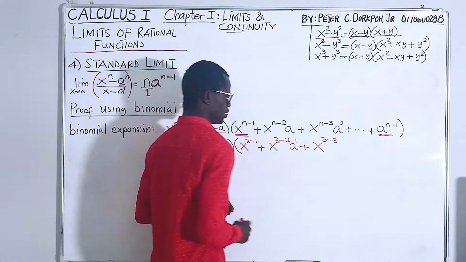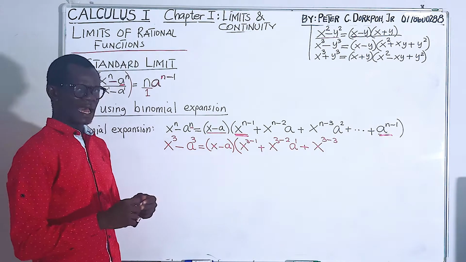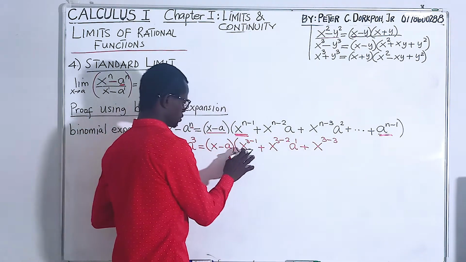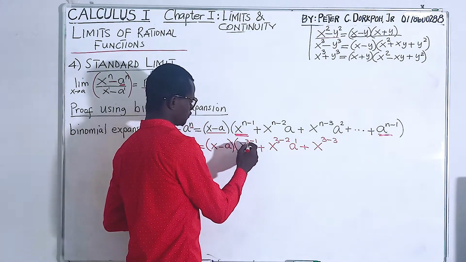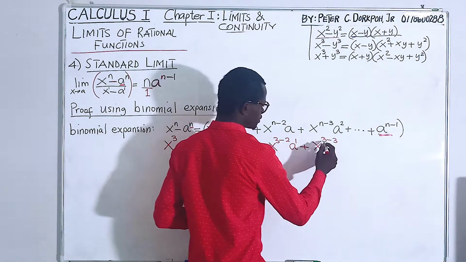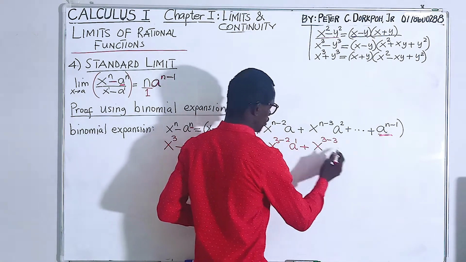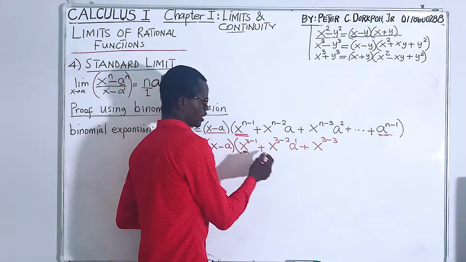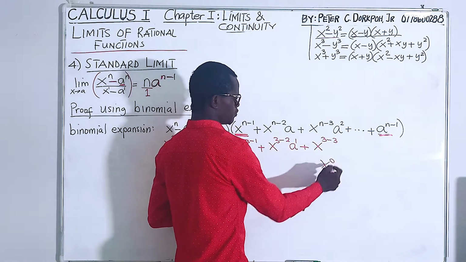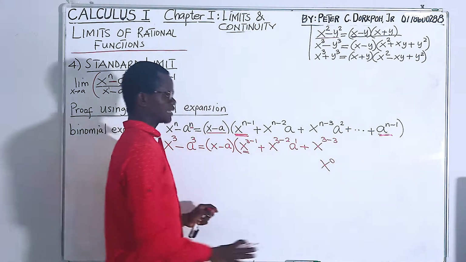So even if you were not told how many terms you will have, as long as the first term started with the power 3 minus 1, as long as it reaches 3 minus 3, or if it started with 4 minus 1, as long as it reaches 4 minus 4, which is now being raised to the 0 power, that's the ending point.